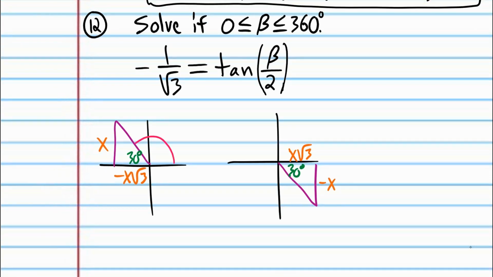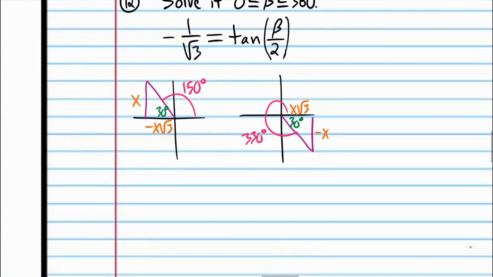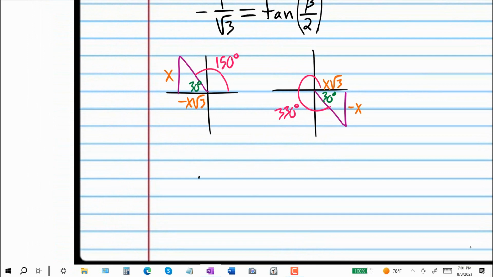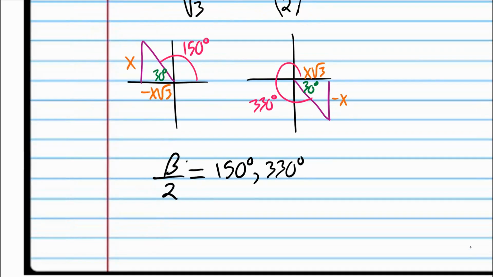So this angle is 150 degrees, and this angle is 330 degrees. So beta over 2 is equal to 150 degrees and 330 degrees.